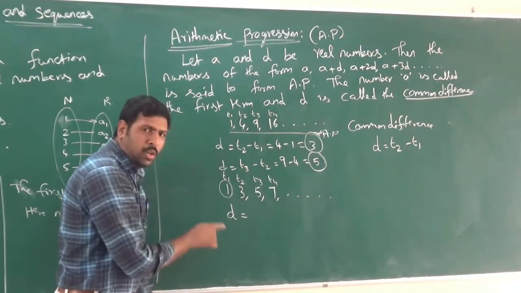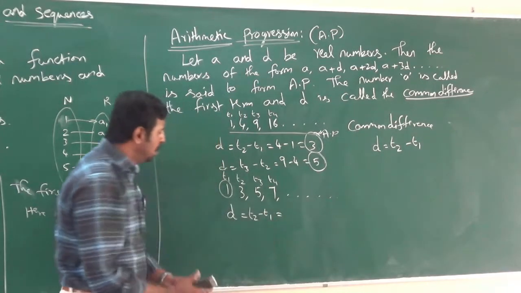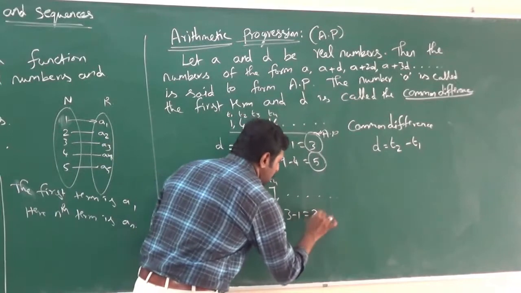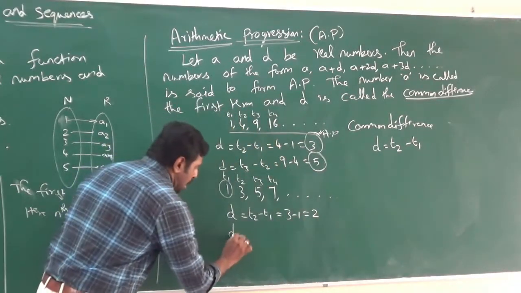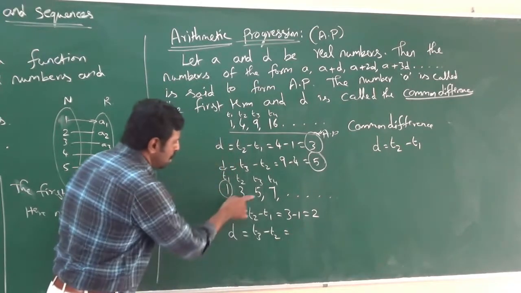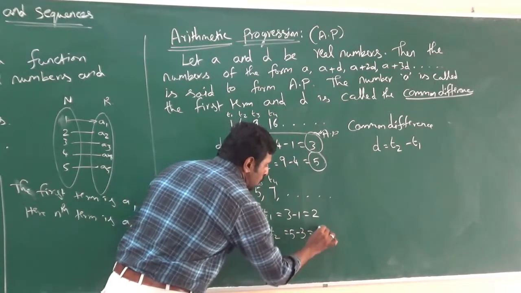Here the common difference is denoted by small d. d is equal to the second term minus the first term, which is 3 minus 1, equal to 2. And then t3 minus t2 is the third term minus the second term, 5 minus 3, we get 2.